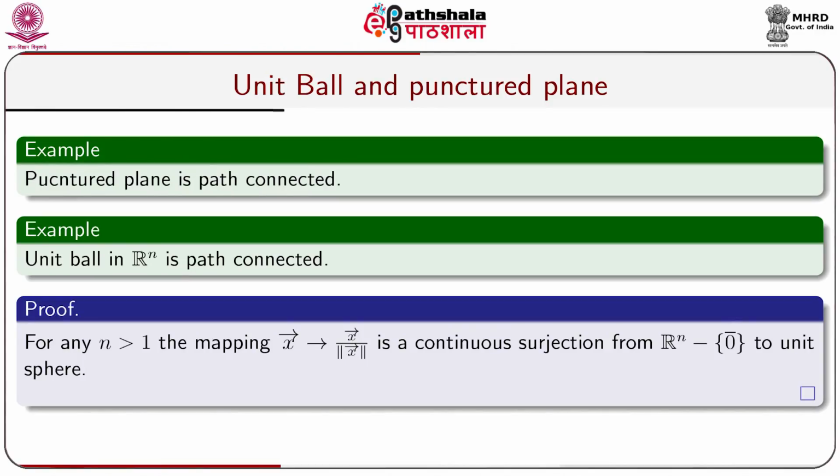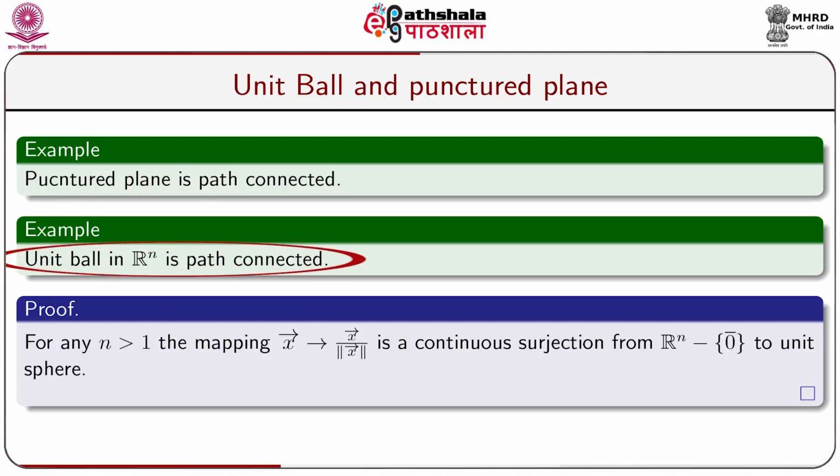We can extend this result to the fact that if countably infinitely many points have been deleted from R2, then it still remains path connected. We have proved that the punctured plane is path connected. We can use this fact to prove that the unit ball in Rn is also path connected.